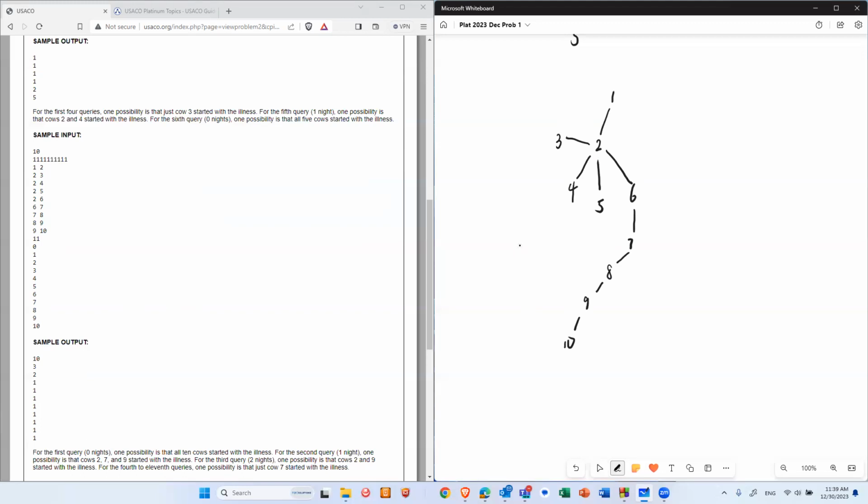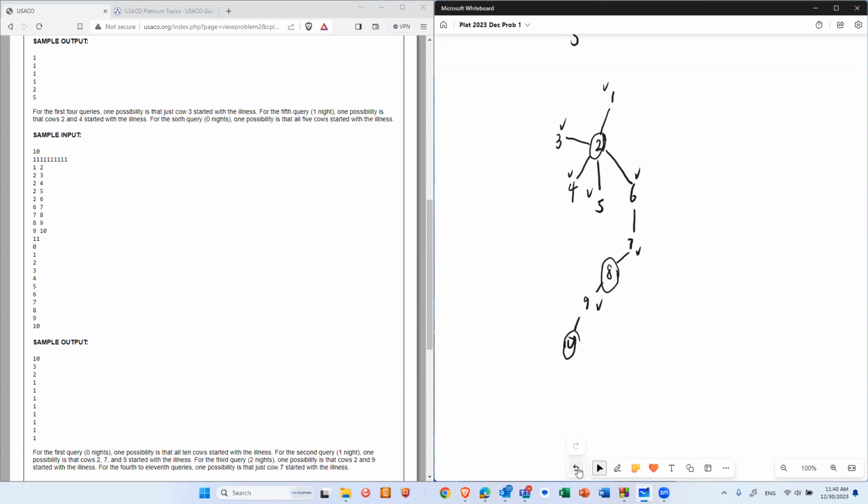If it's the first night, if I want to maximize the coverage greedily, obviously I'll choose this as an initially infected cow. Then after 1 night, all those will be infected. But those are not. So I should choose, for example, this cow. In 1 night it will infect this and this. Then I need to choose this cow, right? So I need to have three cows initially at day 1, right?